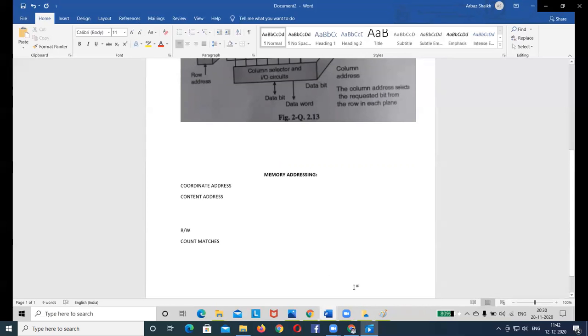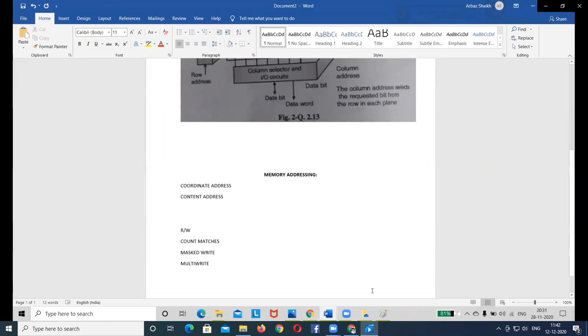Then mark write. In mark write, data is written from the data register into only the bits selected by the marks register. Then multi-write. In multi-write, data is written into all tagged words at the same time.